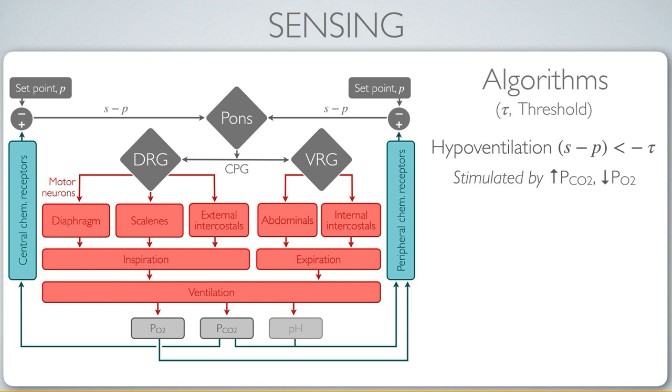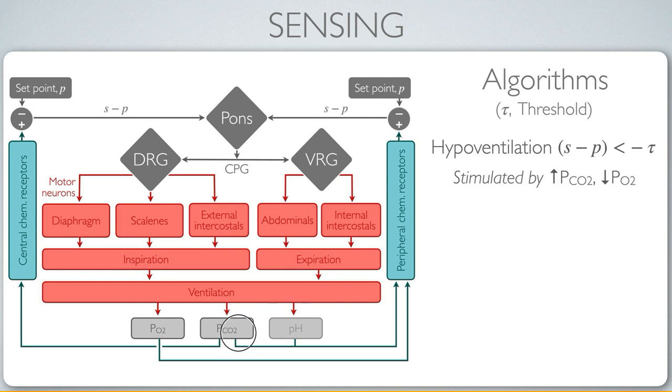Now let's think here. Hypoventilation means that we're not ventilating enough to keep up with metabolism. So it makes sense that we've got two set points here. You could say that there are two state variables simultaneously acting: the partial pressure for carbon dioxide and the partial pressure for oxygen.